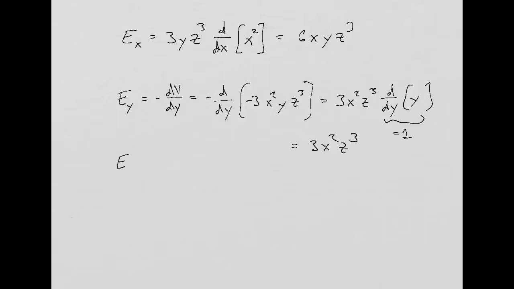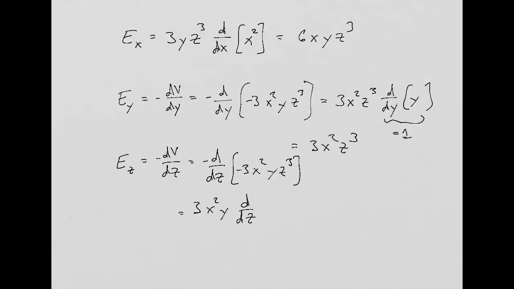And finally, Ez is minus dV/dz, minus d/dz of minus 3x squared y z cubed. Take out all of the constants, 3x squared y, and then take the derivative of z cubed with respect to z, and you just get 3z squared.